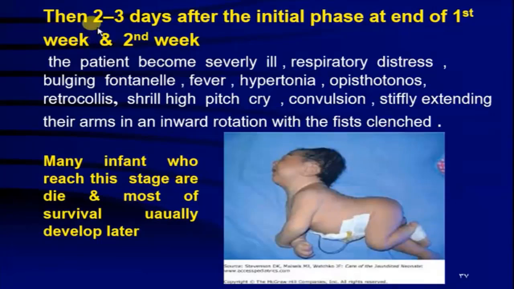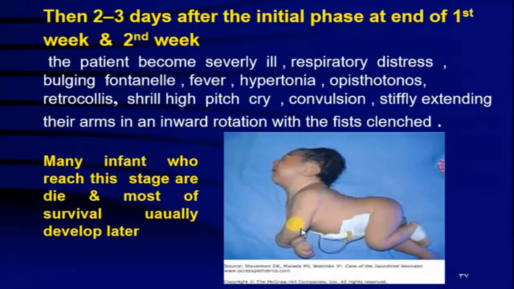Then, 2 to 3 days after the initial phase, at the end of the first week and in the second week, the patient becomes severely ill with severe respiratory distress, bulging fontanelle, fever, hypertonia, opisthotonus and retrocollis, shrill high-pitched cry, convulsion, stiffly extending the arms with inward rotation and fisting clench.